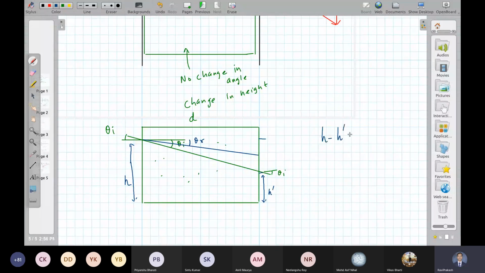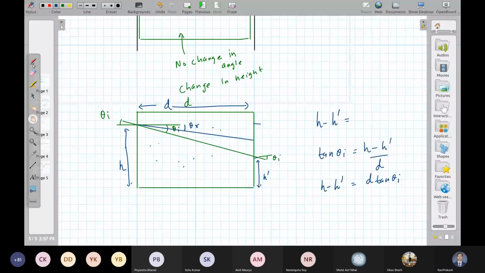How much is h minus h dash? ये distance आपका d है. Initial angle was theta I. So tan theta I was h minus h dash upon d, or h minus h dash is equal to d tan theta.